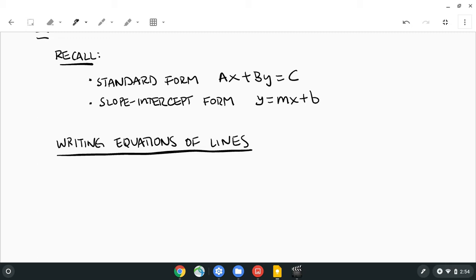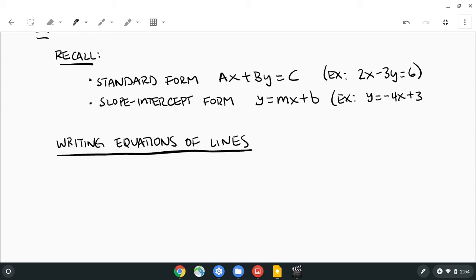Let me give you an example with some actual numbers. For example, you might have 2x minus 3y equals 6 in standard form. An example of slope-intercept form would be y equals negative 4x plus 3.